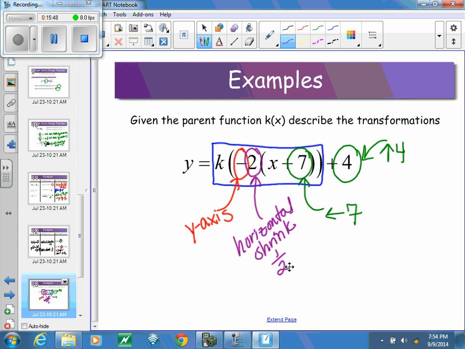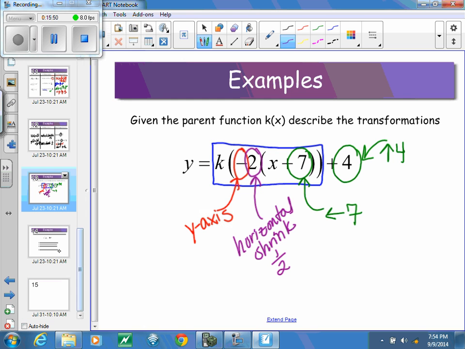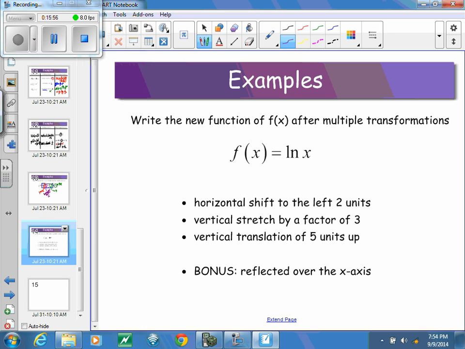So what I want you to try and do and bring into class tomorrow, again, I know this is a lot being put at you and we'll take our time if we need to, is take the function natural log of x, so ln x, and see if you can come up with a function for the multiple transformations.